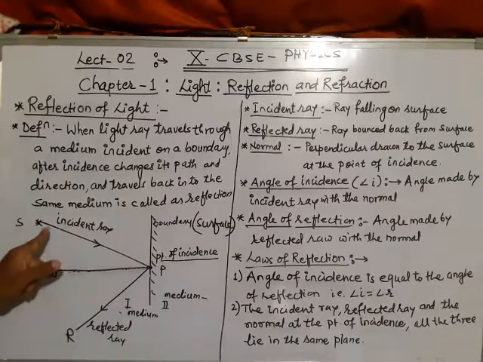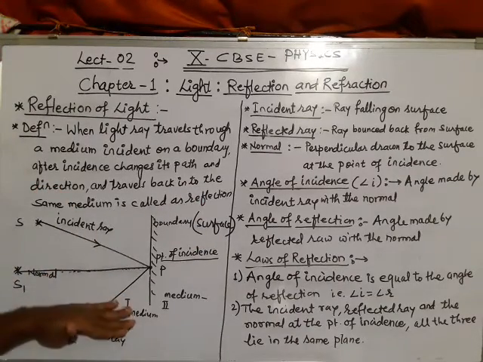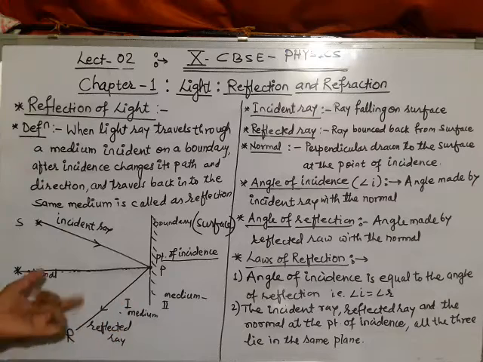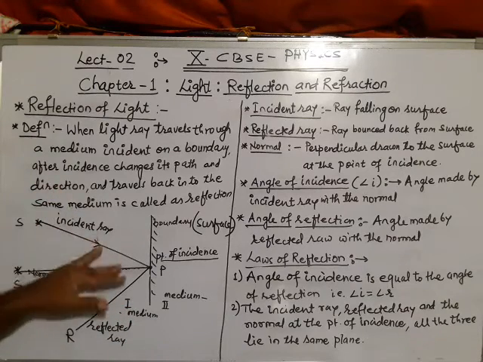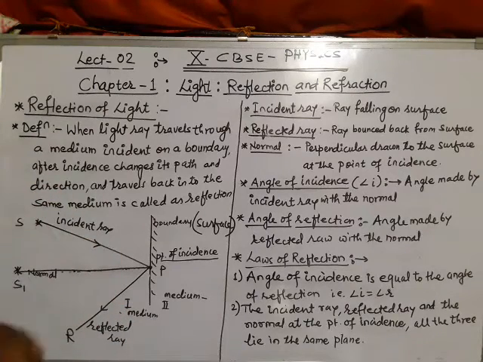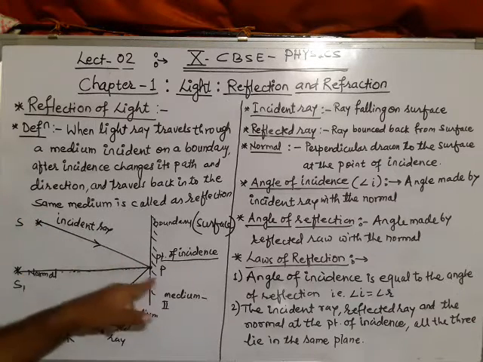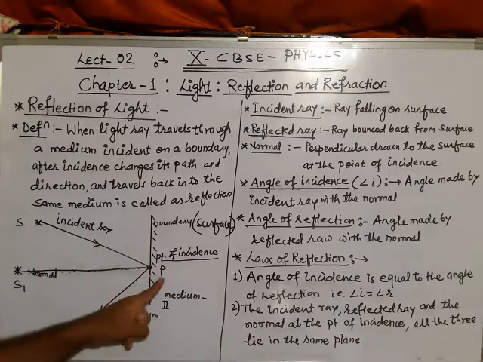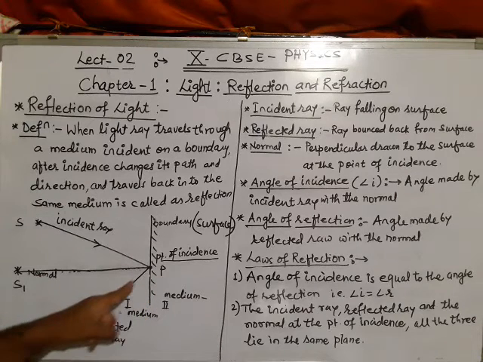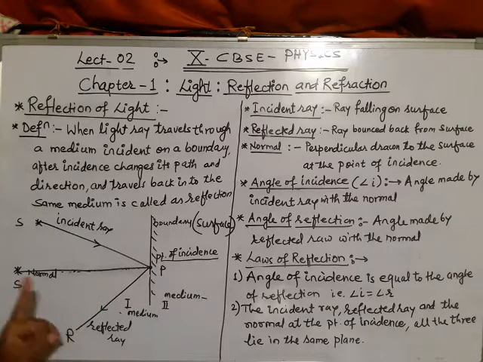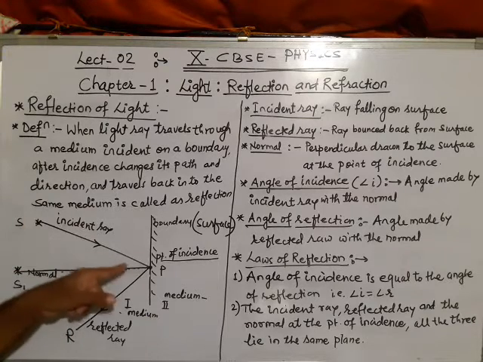See here, the incident ray travels in medium 1 and the reflected ray also travels in medium 1. But the path of the incident ray is SP, and the path of the reflected ray PR is like this. So the ray PR has changed its path and direction compared to the incident ray SP.